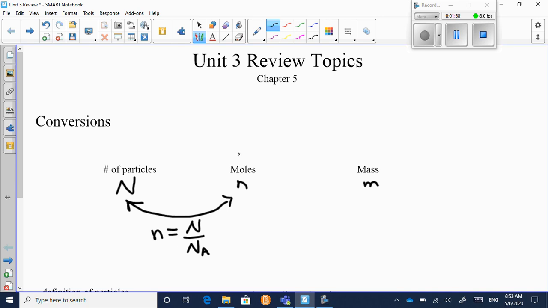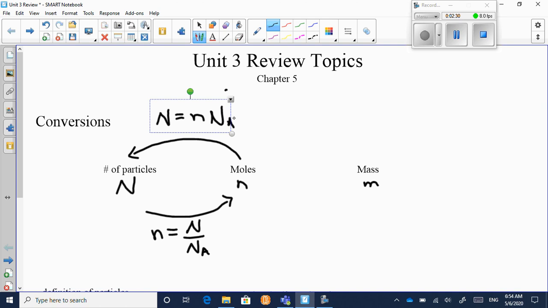And then to go back the other way, what I'll do here is, if I had the number of particles, I'm going to get rid of the arrow off of this side. So to go from the number of particles to the moles, you would use that formula, and then to go backwards, from moles to the number of particles, you would use this formula. You would say capital N is equal to n times Na.